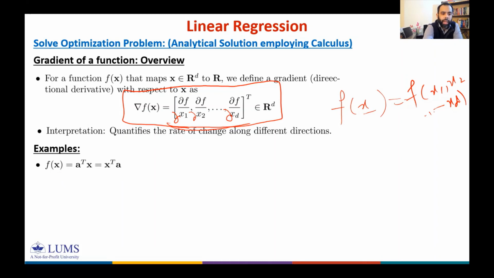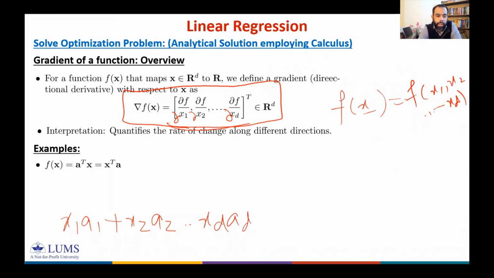If I ask you to find the gradient of this, how would you find it? Let me expand this first. I can write x transpose a as x1 a1 plus x2 a2 and so on up to xd ad.